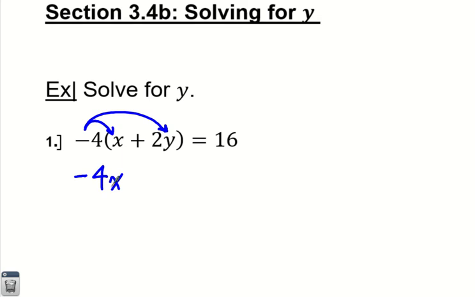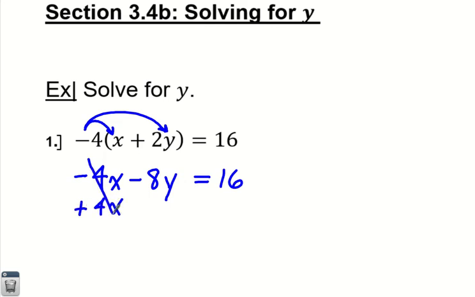And then we multiply -4 to the positive 2y. We get -8y. So yeah, we clear the bubble first, and now we can start, in this example anyway, getting rid of stuff that's on the same side as the y. Like, we want to leave the y all alone.